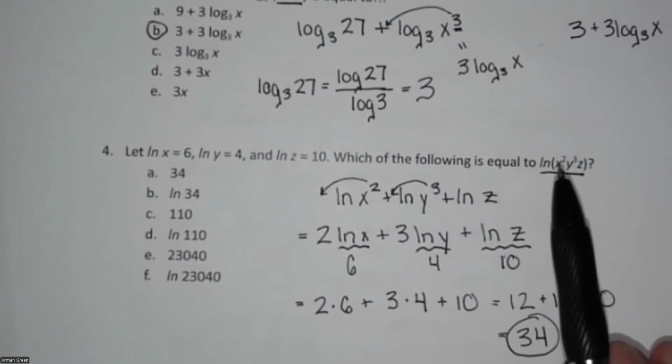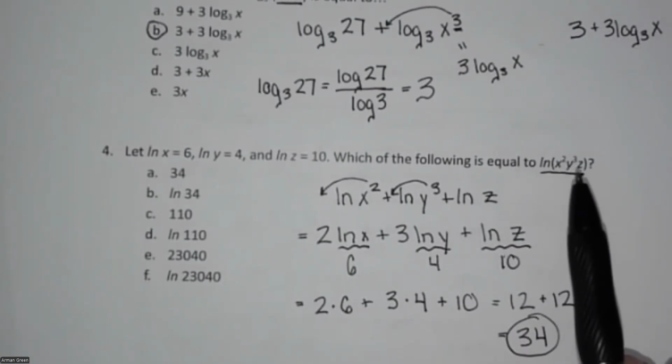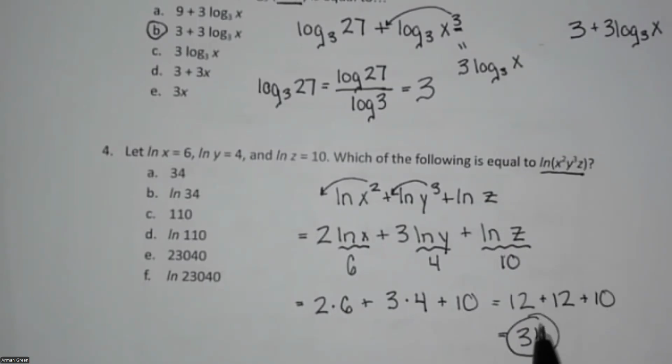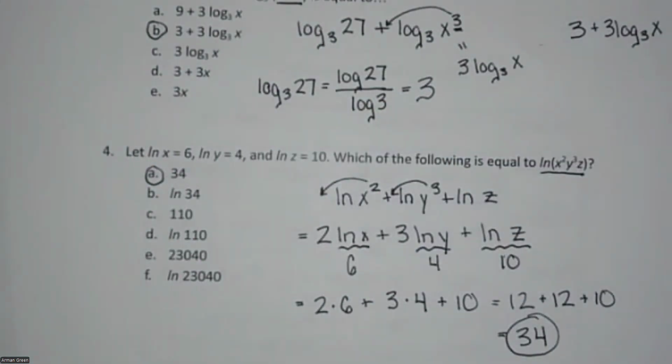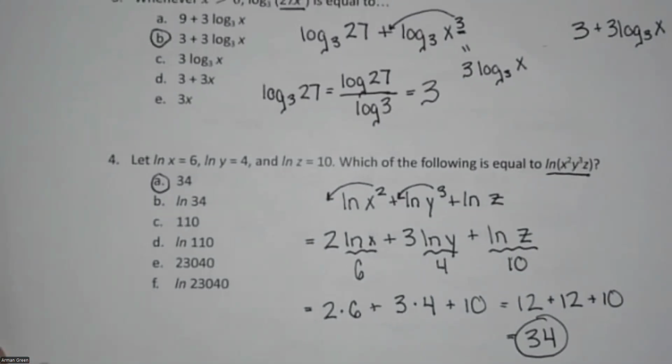So we just simplified all of this using our properties of logarithms, and we just got the number 34, which, looking at our answer choices here, is just the letter A. So this is how we can use the properties of logarithms to expand them out to get whatever it is that we're trying to solve for.